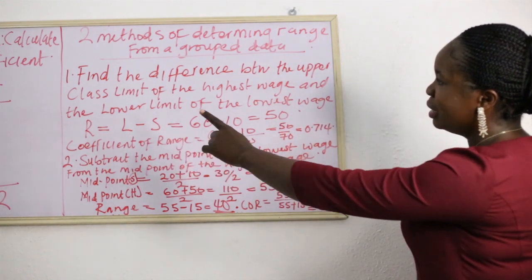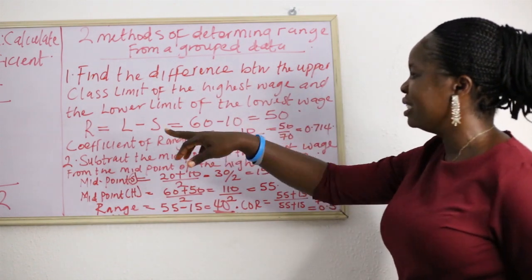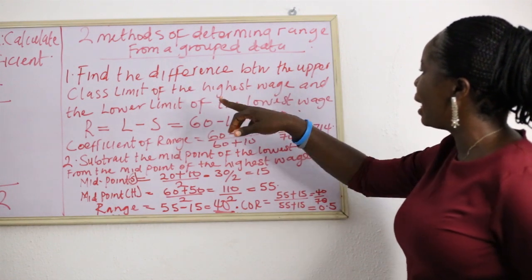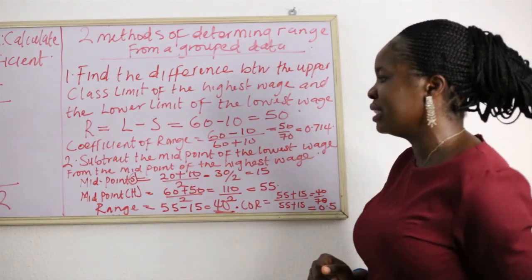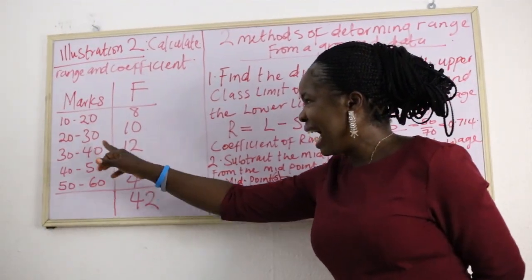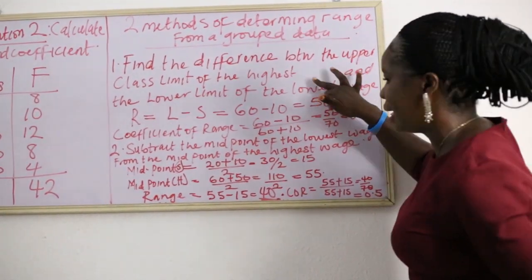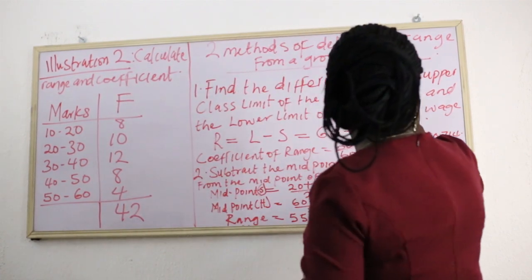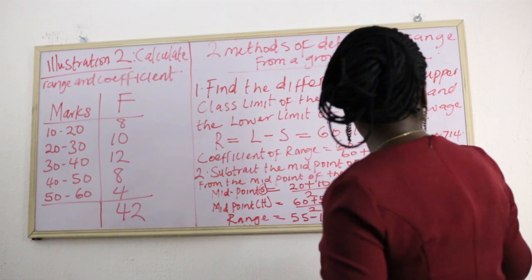The upper class limit of the highest wage. What is the highest wage? The upper class limit of the highest is 60. The highest mark, rather, not wage, the highest mark. Let me clean this and rewrite.